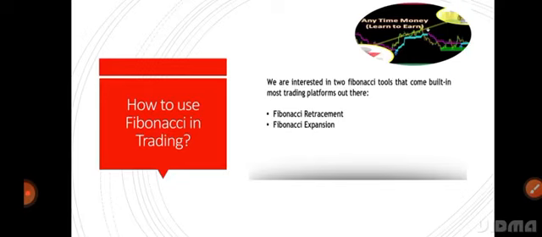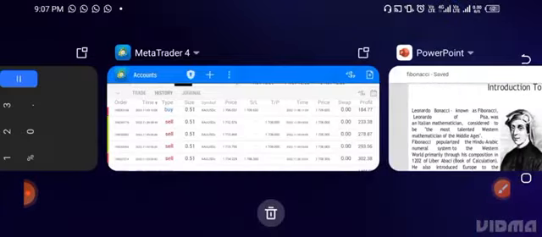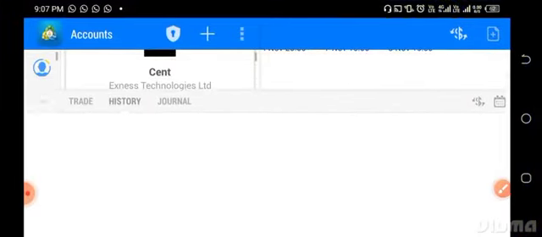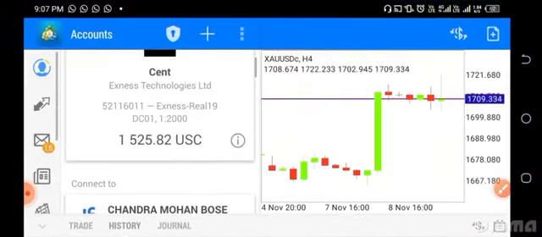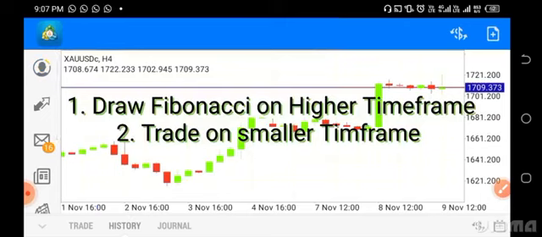Now we go back to our chart to explain how we set up this strategy and how we use it on our charts. Like on this gold chart, which is running right now, you can use Fibonacci in three ways.